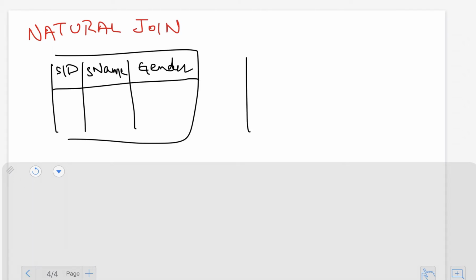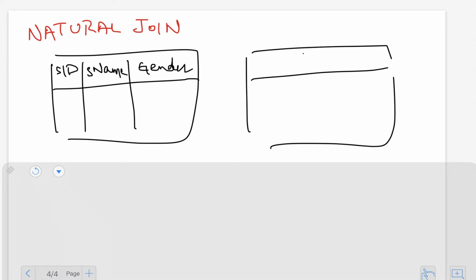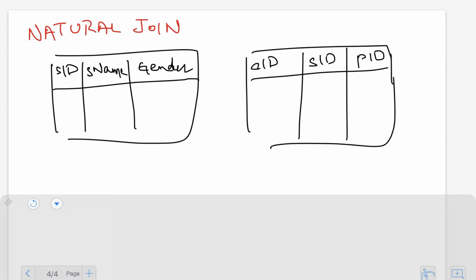And let's say I have another table which is course. So this one has a course ID, this one has a course ID, there's a student ID for whatever student is registered in this, and then there might be a PID for the professor ID, let's say the professor who's taking this course. So here what I can do is I can say the natural join is denoted by a bow tie, something like this.